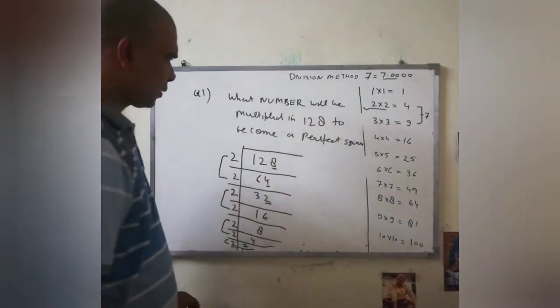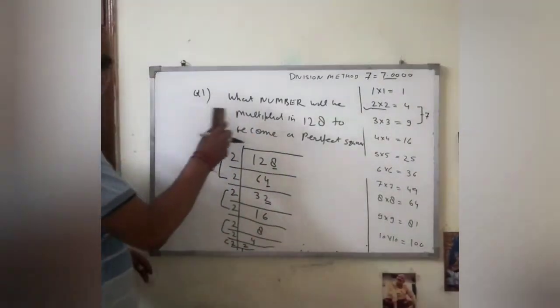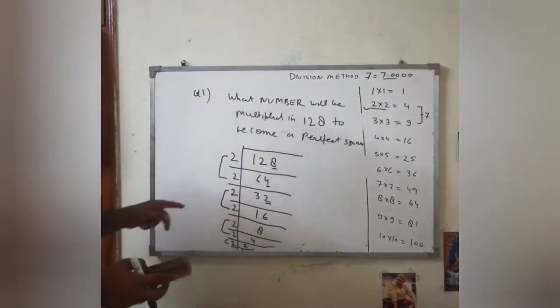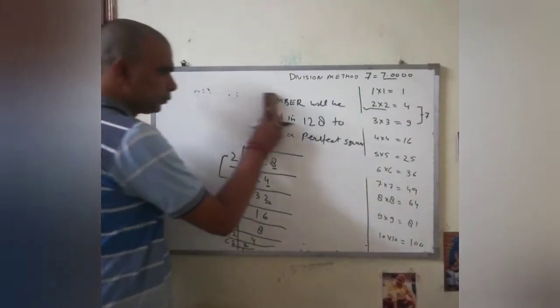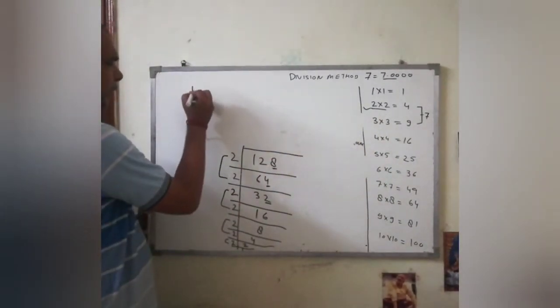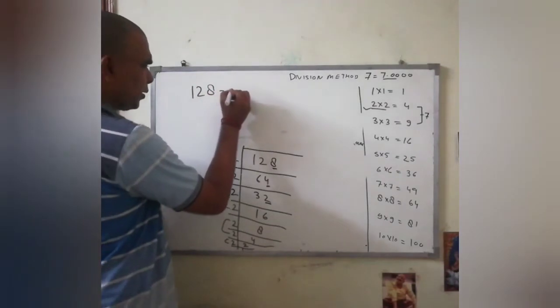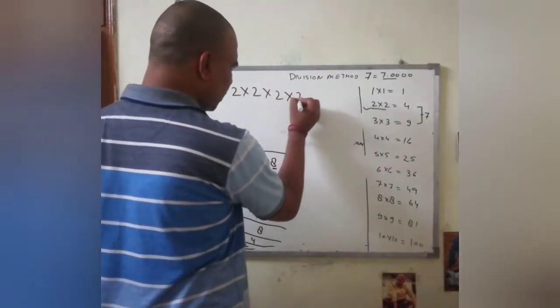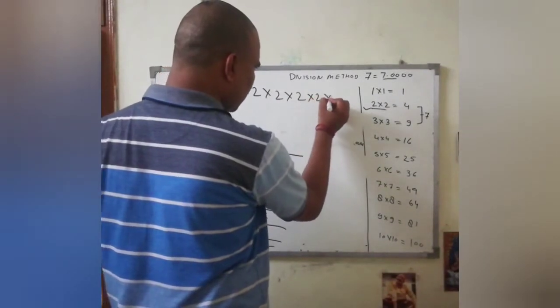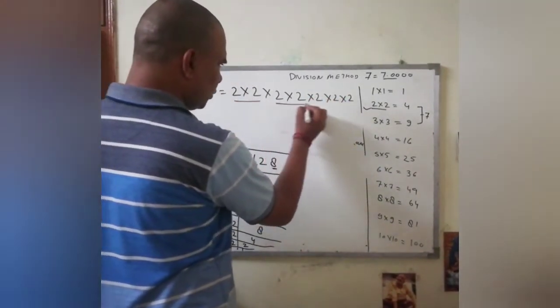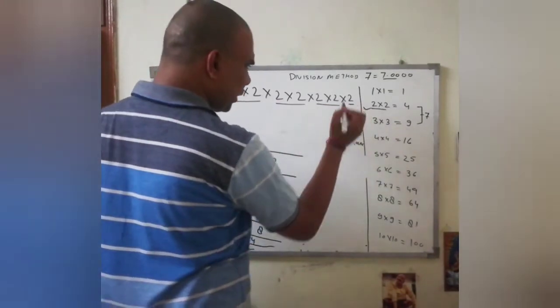What it means? Can I rub it? Okay. You can take the screenshot. Okay. So 128 is 2 into 2, 7 times. 2, 2, 2, and this is the single 2.